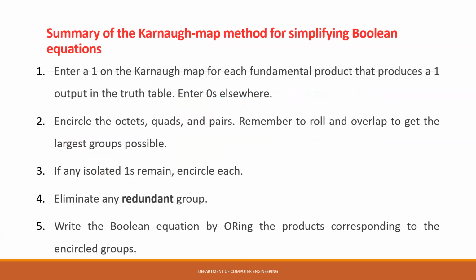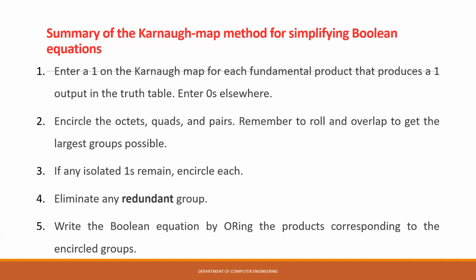Now, in summary, we can say to represent a given Boolean SOP expression, enter a 1 on the K-map for each fundamental product that produces one output. Means SOP is nothing but sum of product terms.